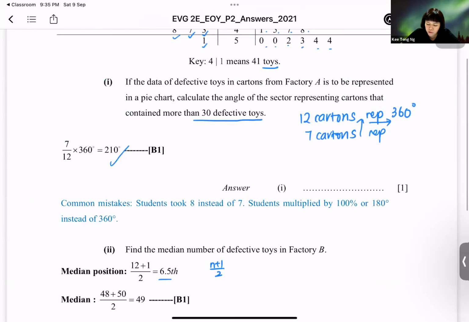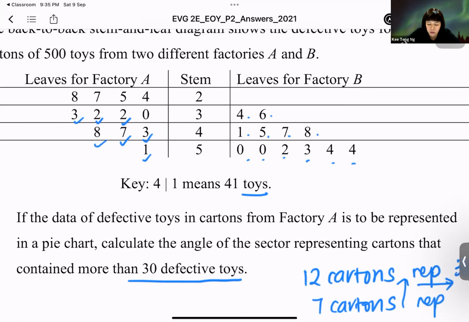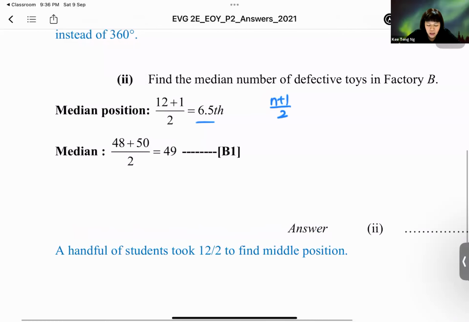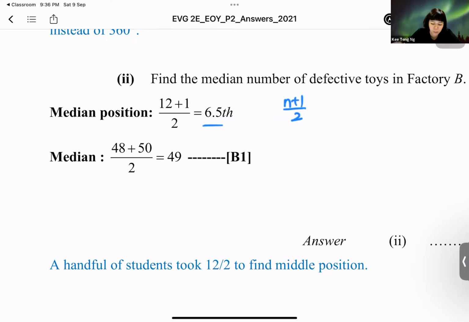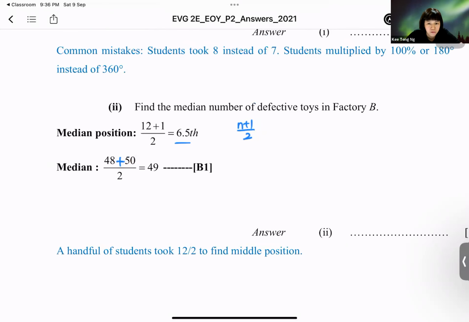So the 6.5th toy for factory B, starting from the one nearest, 1, 2, 3, 4, 5, 6, and the 7th, that'll be 48 and 50. Add together, divide by 2. So the median number of defective toys will be 49.